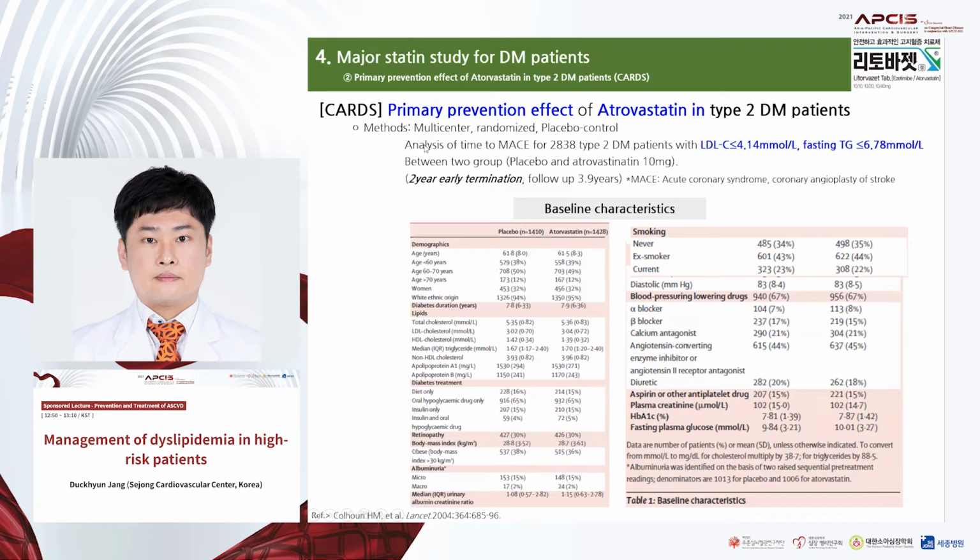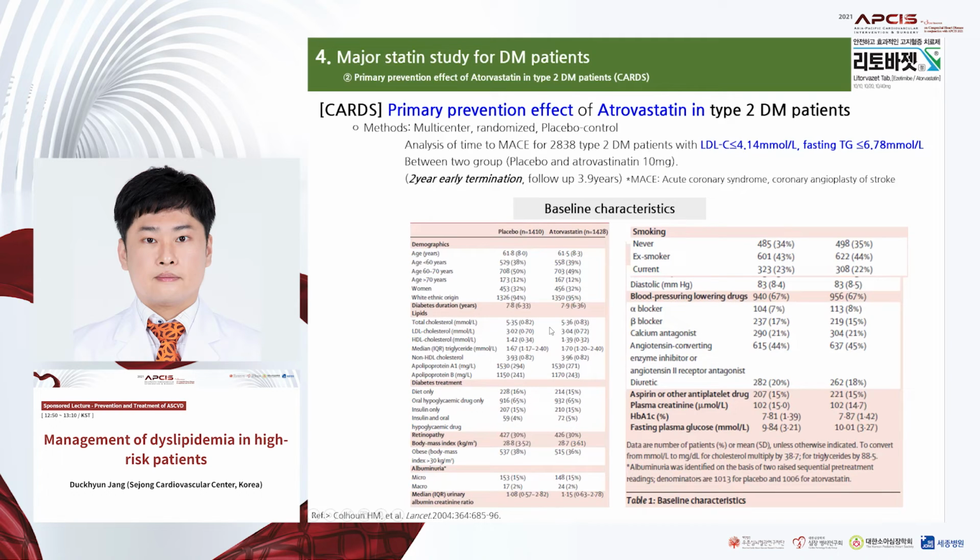This study analyzes the time to MACE for 2,838 type 2 DM patients with LDL cholesterol less than 4.14 millimole per liter and fasting triglyceride less than 6.78 millimole per liter between two groups, placebo and atorvastatin 10 mg.